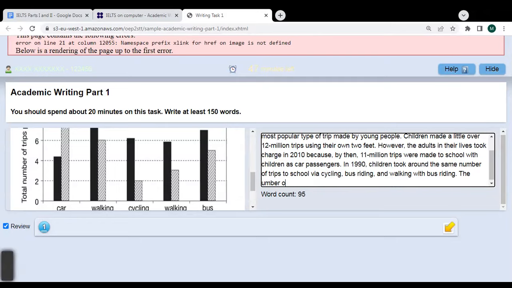The number of trips made lingered around 6 to 7 million within each category.